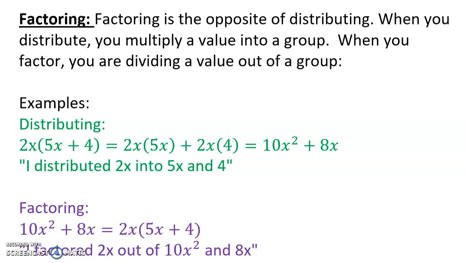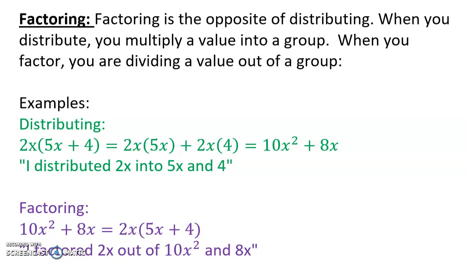So for instance, when I'm distributing 2x into 5x plus 4, I multiply 5x by 2x and I multiply 4 by 2x. That gives me 10x squared plus 8x. I'd say there that I distributed 2x into 5x and 4. If I need to go the other direction, I would call that factoring.